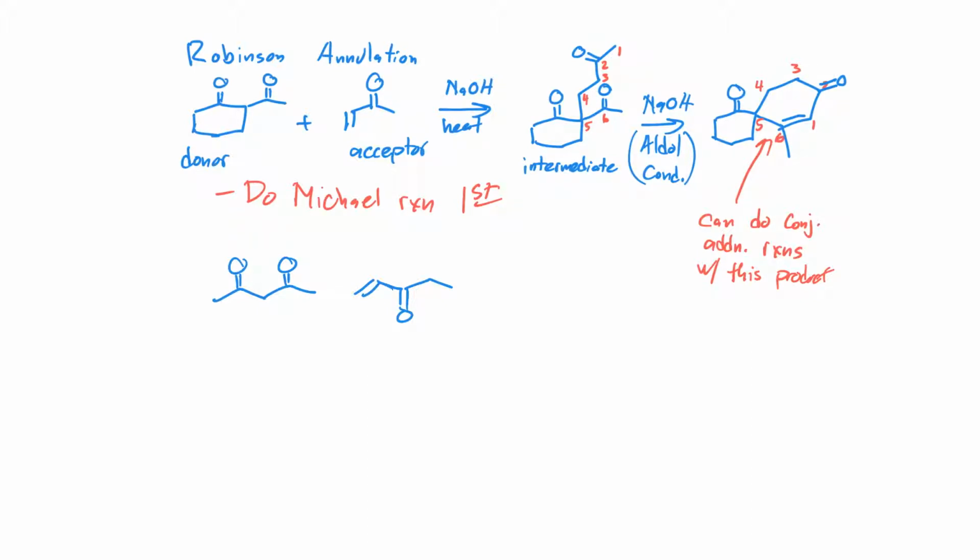So the first step would be to take this doubly alpha hydrogen, react it with the beta carbon. 1, 2, 3. And so I've made a new bond between this carbon and this carbon. That is right here. So you can see that there are 5 carbons here. That comes from my ethyl vinyl ketone. And then again, let's do some numbering.